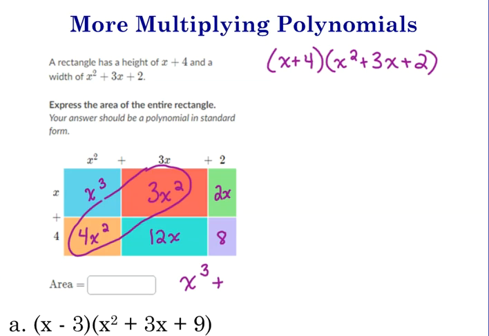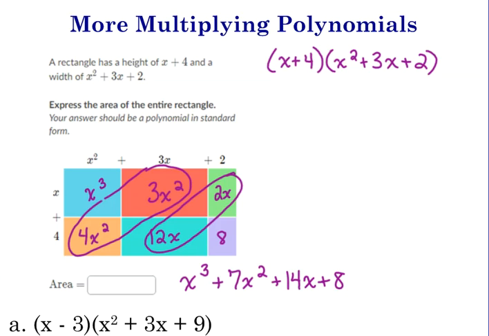We've got 4x squared plus 3x squared, so that's 7x squared. And then we've got 12x plus 2x, so that's 14x, and our 8 is hanging out there by himself. So that is the area of that entire rectangle. If you add up all the tiny rectangles, you get the whole rectangle. Okay. So that's one way to get the answer.